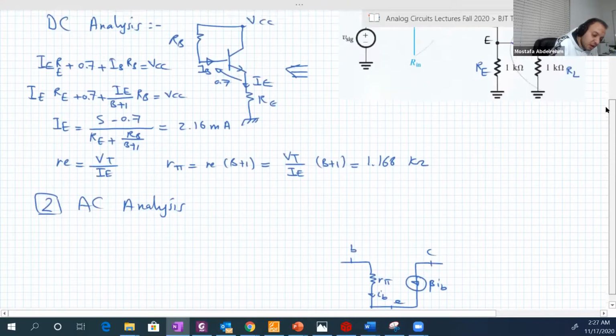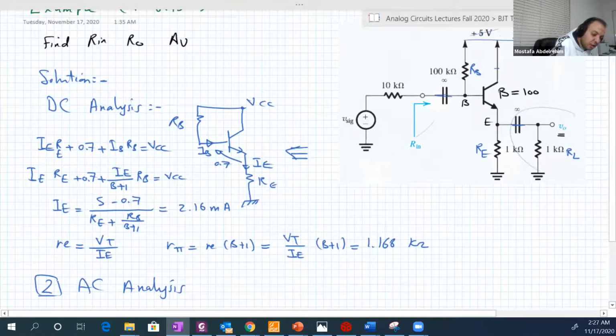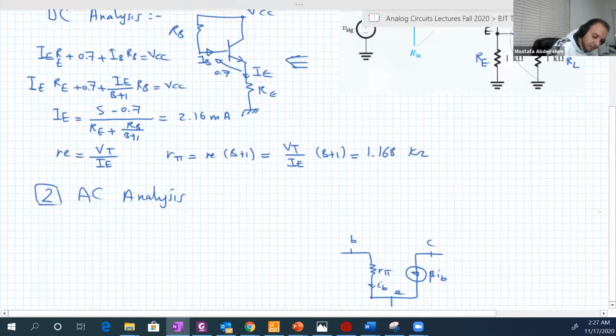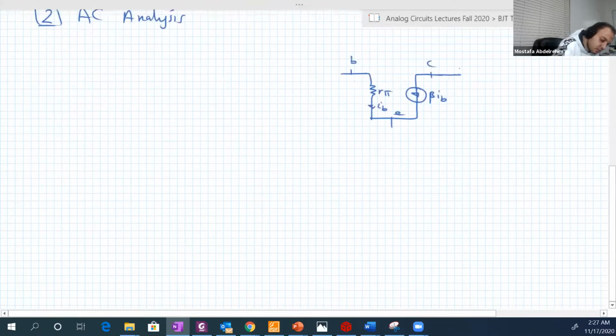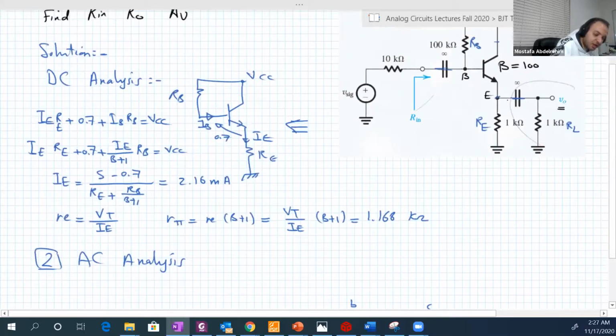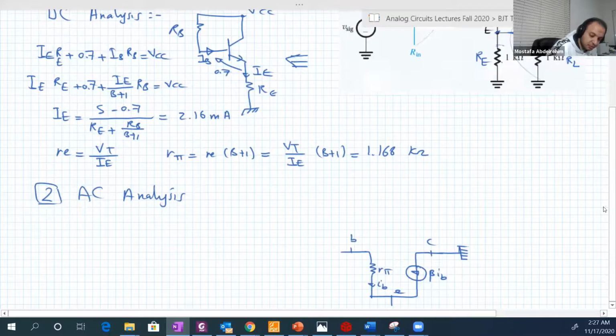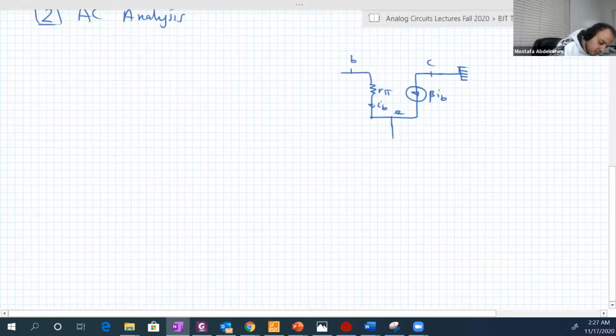So the collector is directly connected to the ground. The emitter is connected to the ground through two resistances, RL and RE, because now this is shorted, so this will be in parallel with this. R load, RE.